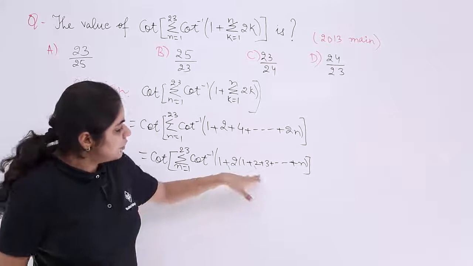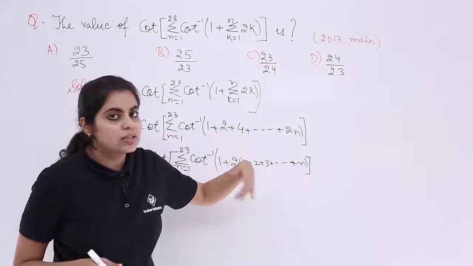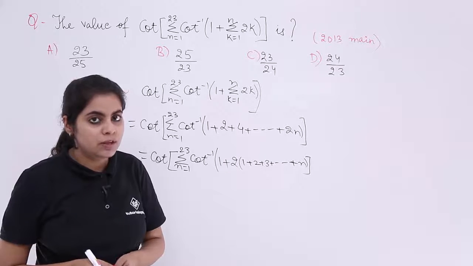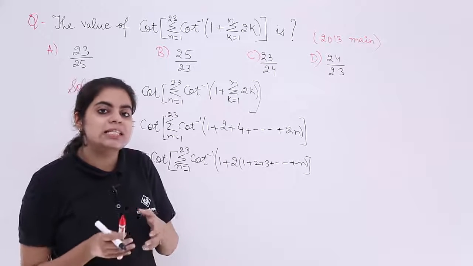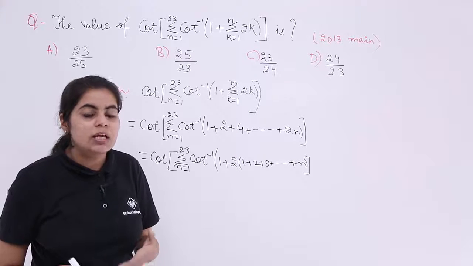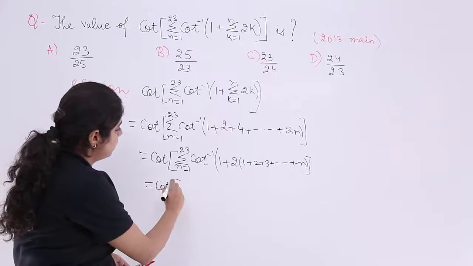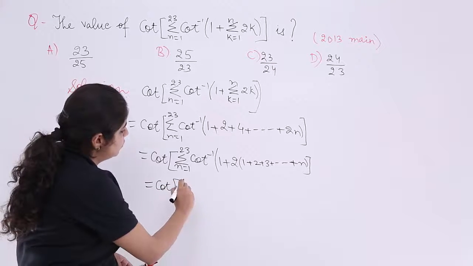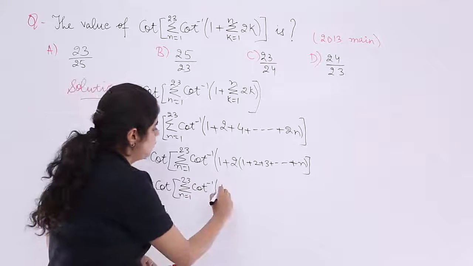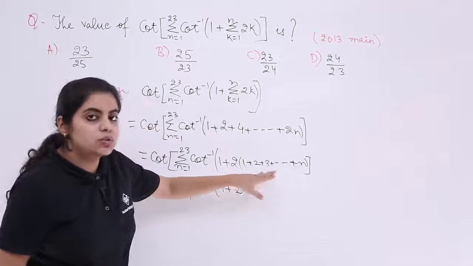Now, don't we find this series 1 plus 2 and so on till n as something in AP, that is arithmetic progression? We also know that sum of n natural numbers is nothing but n into n plus 1 by 2. So, we can use both these things, and the question again changes to cot summation n is equal to 1 to 23, cot inverse 1 plus 2 outside, and what is the sum of series 1 plus 2 plus 3 till n?